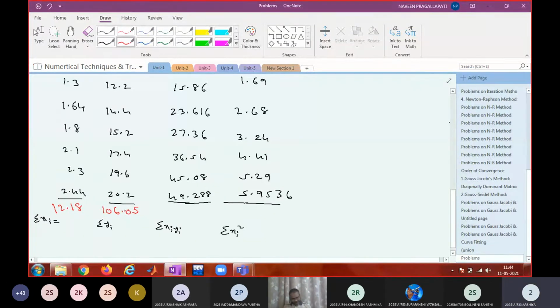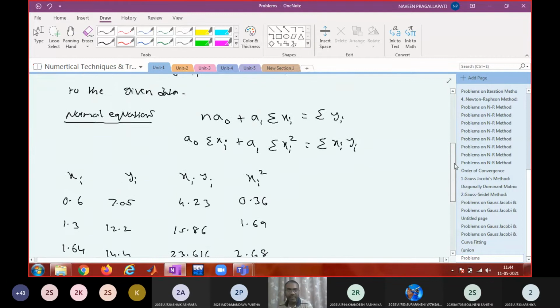Sigma xi yi is 201.974. Sigma xi square is 23.6332. Correct. Exactly, all the values are matched. Okay, now you substitute these values here.